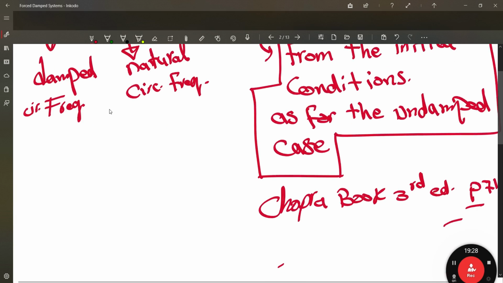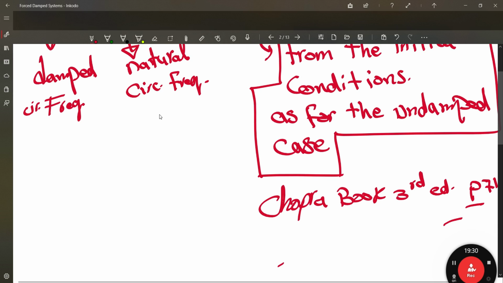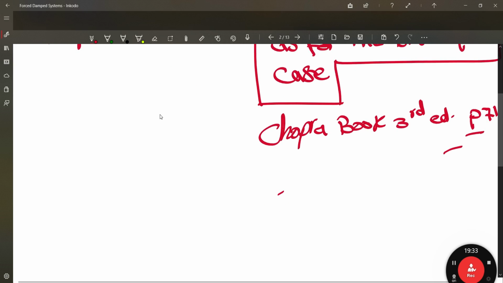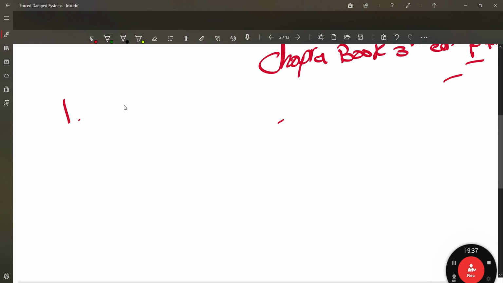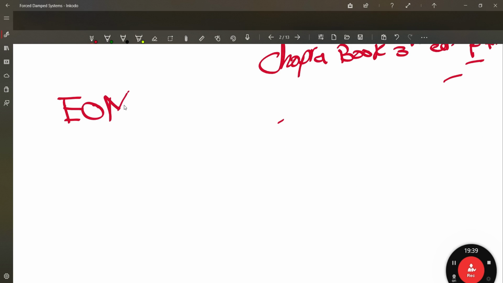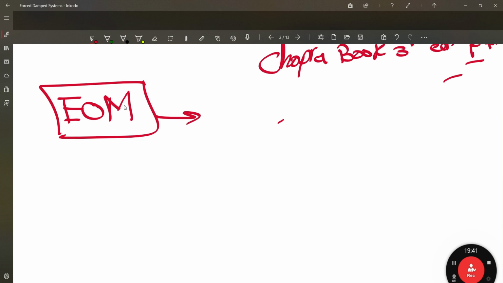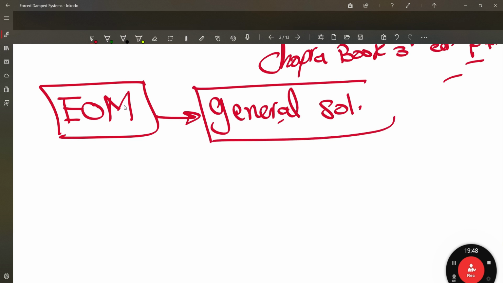So now our equation is ready for the solution. Our equation of motion, the EOM, is going to have the general solution. What is the general solution?